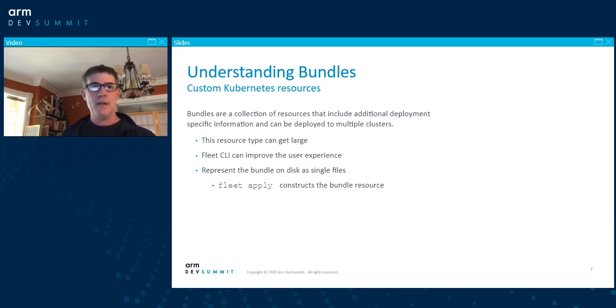And then, GitOps is possible since the bundle is really represented by that Git repository and by single files on disk. So we can take the diff of the change sets that you want to send out to your applications and to your clusters, and then apply those in a Git diff fashion.